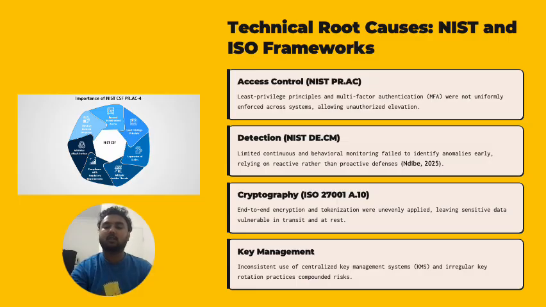Lastly, key management. The use of a centralized key management system was not properly followed. This made it even easier for attackers to exploit vulnerable appliances. Overall, these gaps in compliance with the NIST and ISO frameworks were the main technical reasons behind the breach.